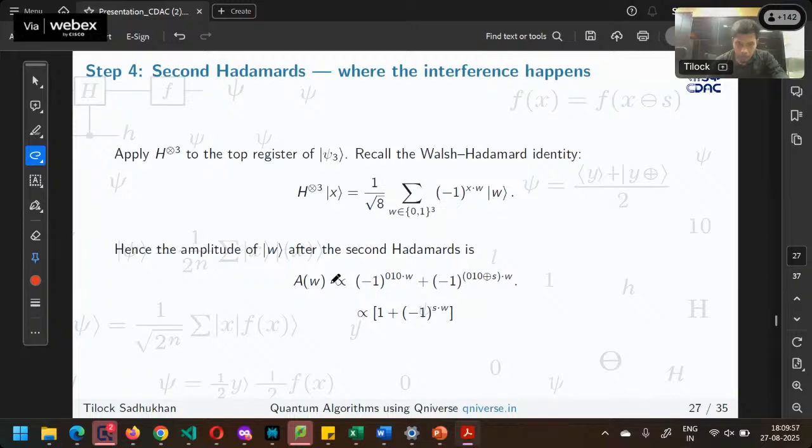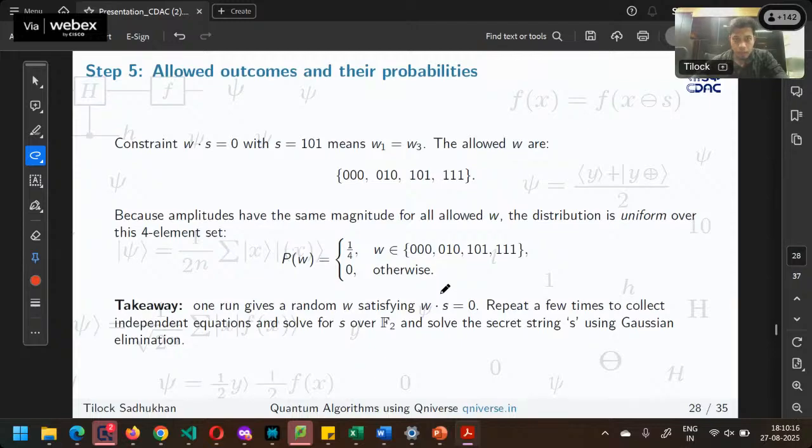Our amplitude is proportional to this factor only. Now, as I've just said, h dot w has to be equal to either 0 or 1. If it is 0, those terms will survive, and if it is 1, those terms will be killed off.